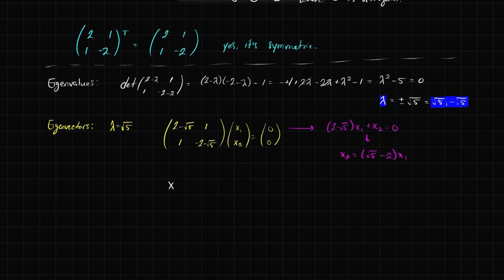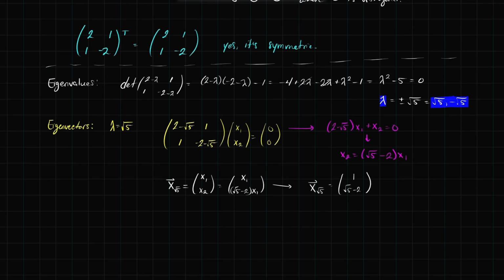That's my relationship. So I recover the eigenvector corresponding to root 5 as x1, x2, and because of my relationship, this is x1, root 5 minus 2 times x1. If I let x1 be 1, I have x root 5 is equal to 1, and root 5 minus 2 times 1.